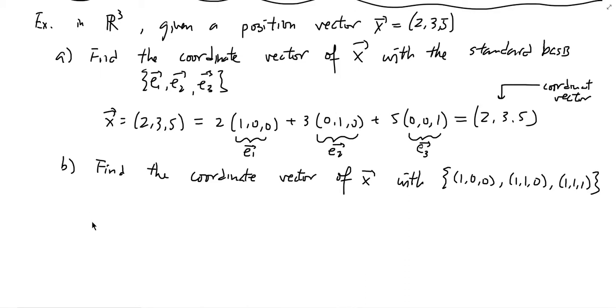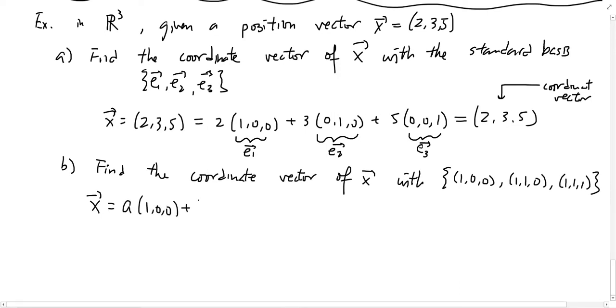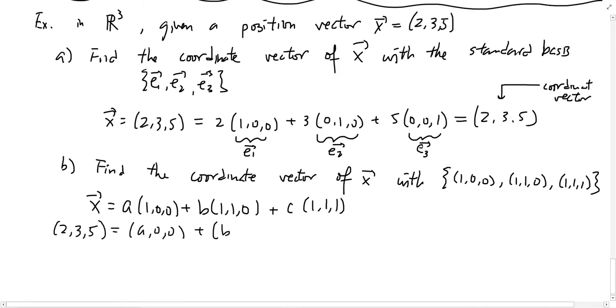So basically we're saying that vector x is going to equal some coefficient times 1, 0, 0 plus some coefficient times 1, 1, 0 plus some other coefficient times 1, 1, 1. Remember, this is nothing more than forming a linear system of equations. So vector x, in this case 2, 3, 5, is equal to (a, 0, 0) plus (b, b, 0) plus (c, c, c).